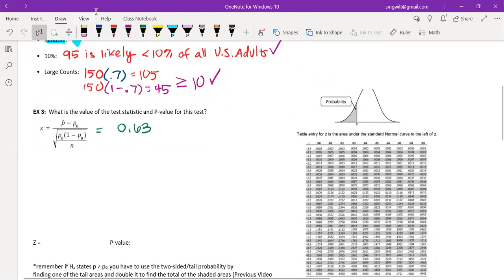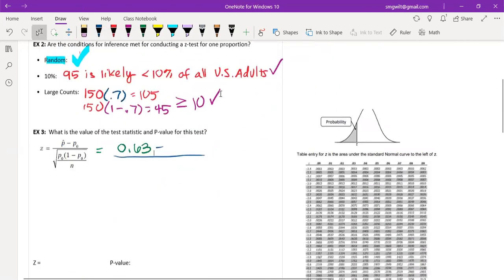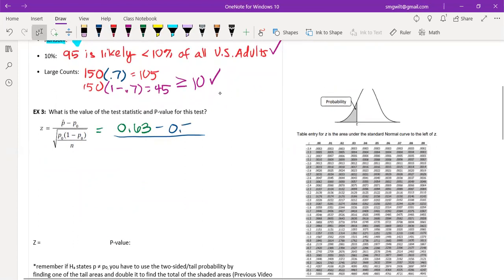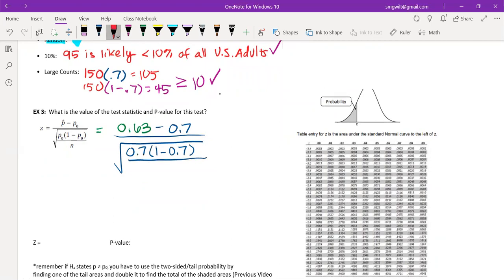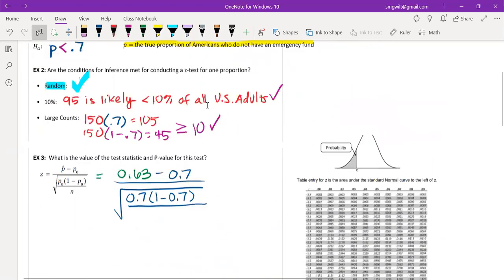So we're doing 0.63 minus p naught, which was 0.7, divided by the square root of 0.7 times 1 minus 0.7 divided by our sample size n, which was 150.